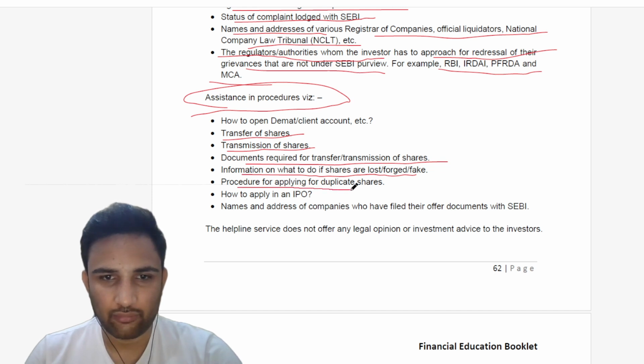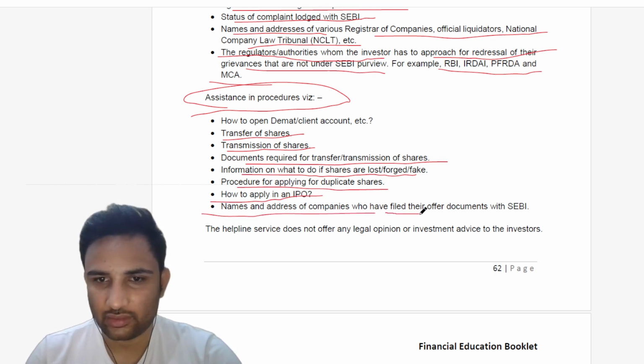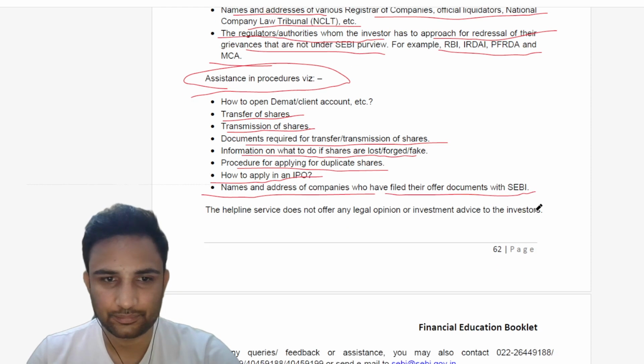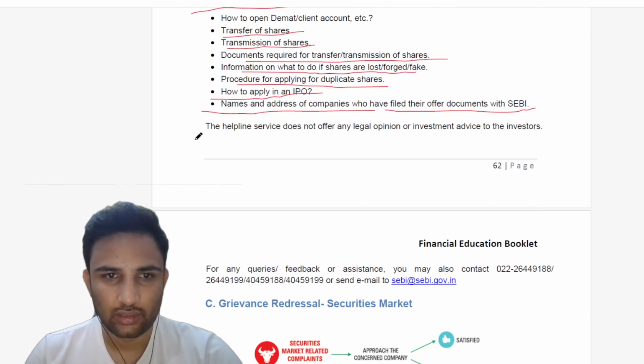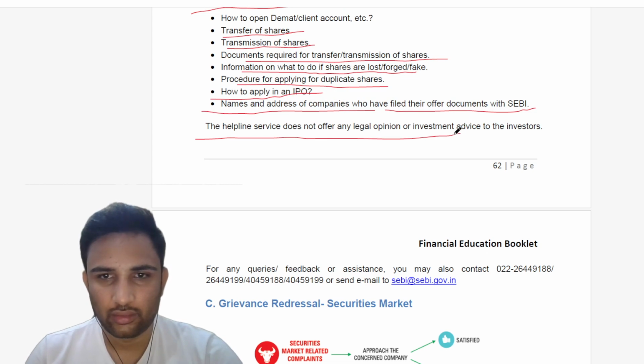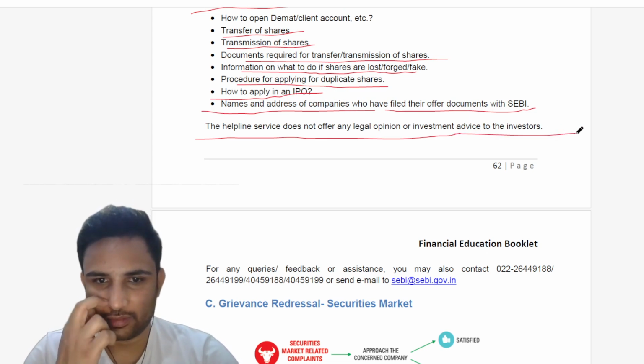Procedure for applying for duplicate shares, and names and addresses of companies who have filed their offer documents with SEBI. The helpline service doesn't offer any legal opinion or investment advice to the investors.